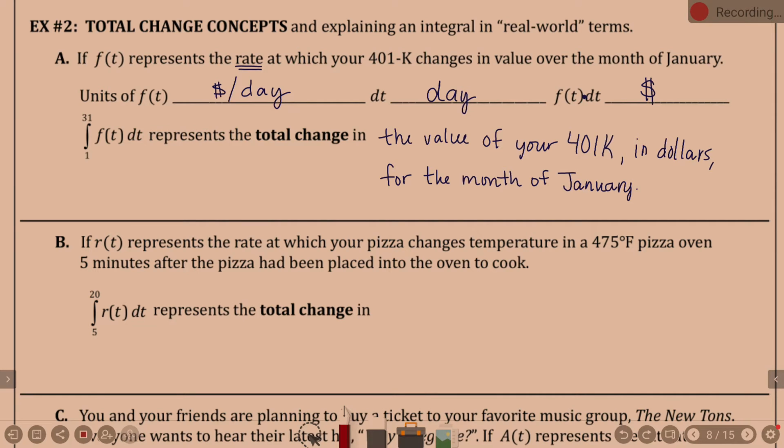B, when you're ready. If R of T represents the rate at which your pizza changes temperature in a 475 degree pizza oven 5 minutes after the pizza had been placed into the oven to cook. So the integral from 5 to 20 of R of T with respect to T represents the total change in, what are we representing here?